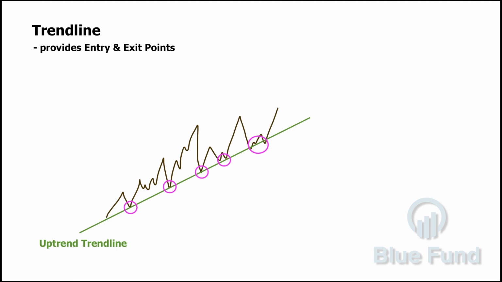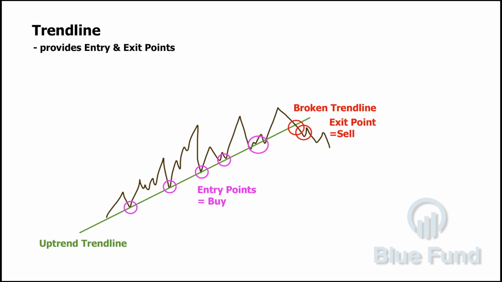As I said, trend lines help to provide entry and exit points for a trend. If the price breaks the trend line, that indicates a possible trend reversal. Uptrend trend lines connect the low points, but if you draw one more line above this trend line, connecting all the peak points, you create something called the channel.